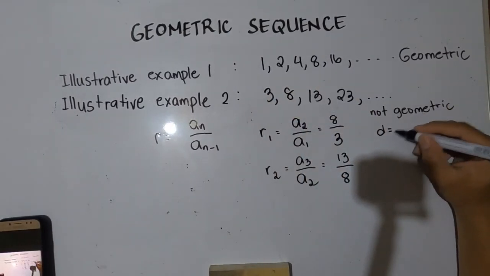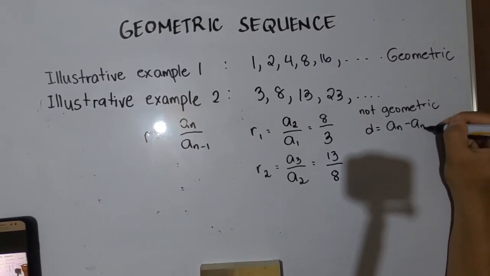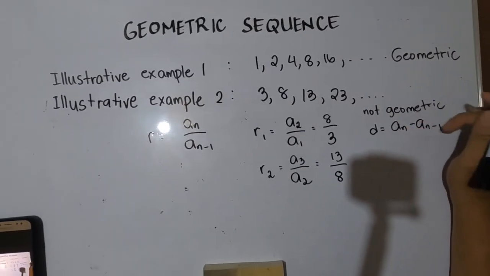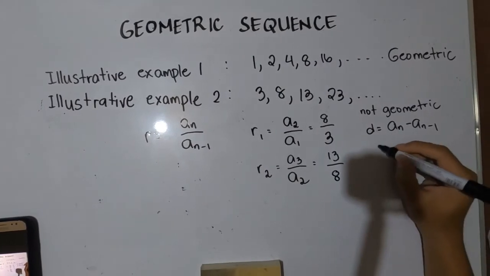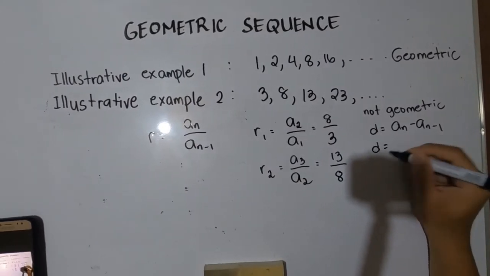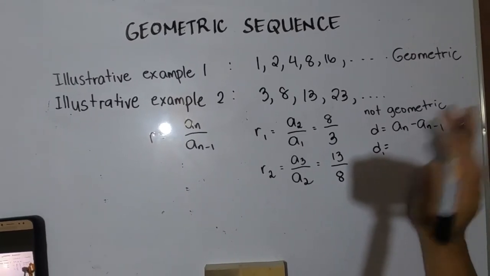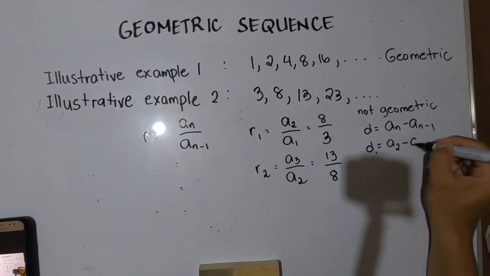Remember, common difference is a sub n minus a sub n minus 1, or any term minus its previous term. So let's use the difference between the second and the first term. So a sub 2 minus a sub 1.